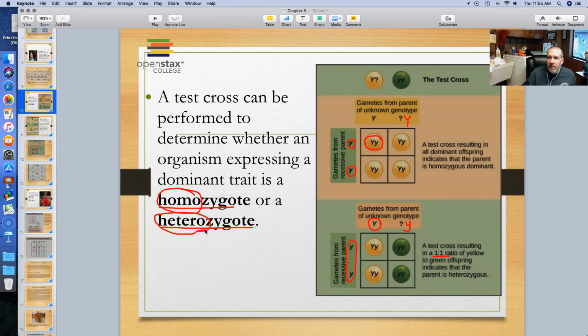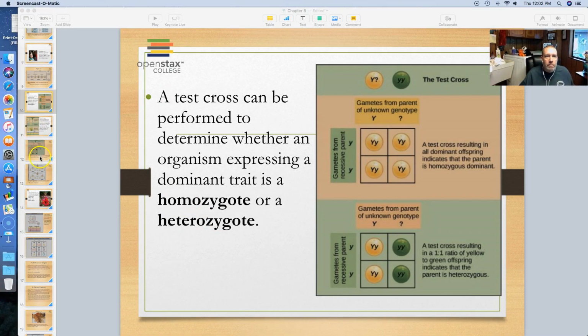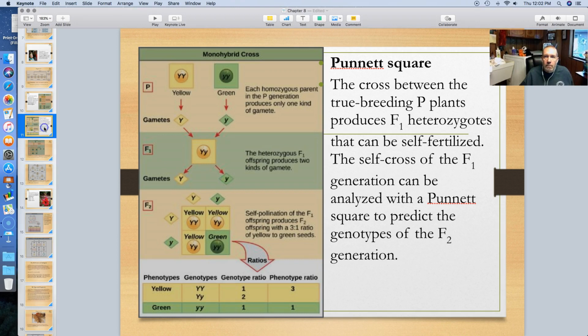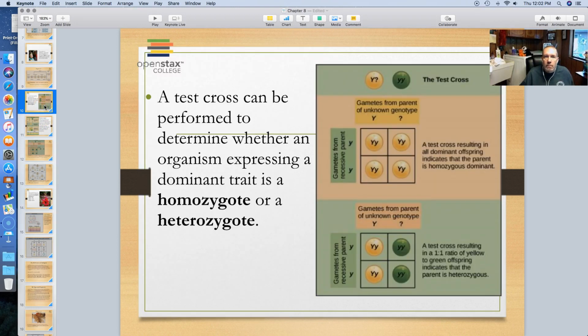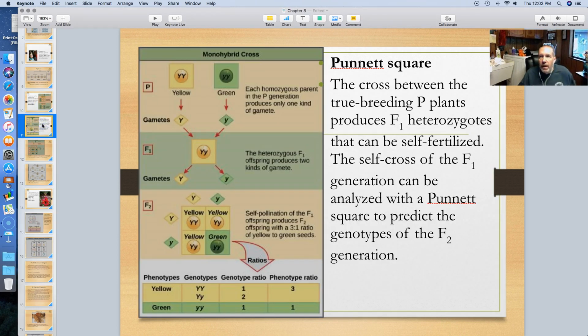So homozygous would be both dominant or both recessive alleles, and heterozygous can only be in reference to one of each, one dominant and one recessive allele. So again, lots of terminology.